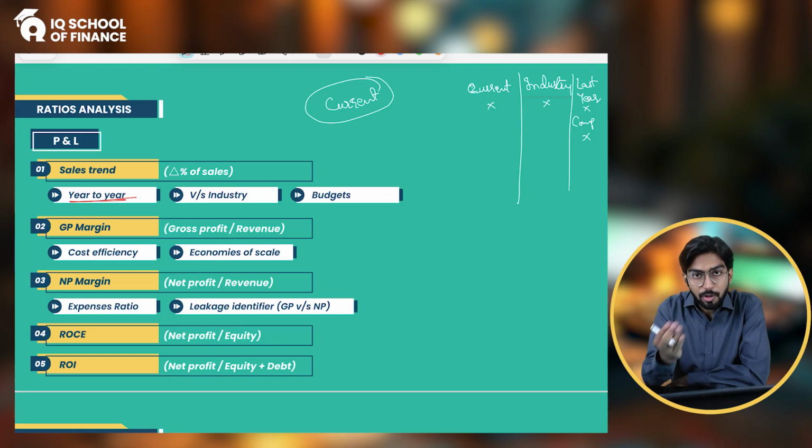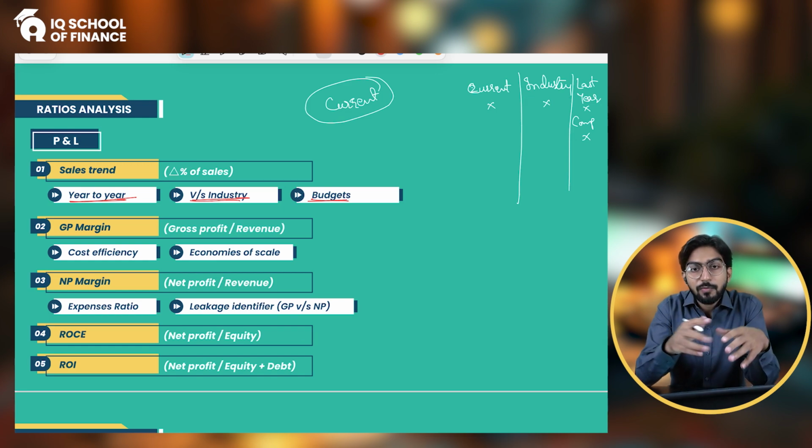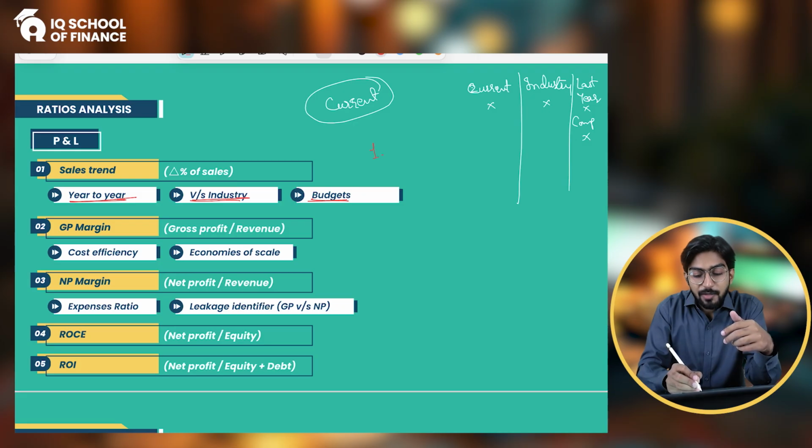That means your last year and this current year, maybe with the industry, or also with your budgets. If you budgeted that you will make sales of, let's say, 1.5 billion, and your last year sales was 1 billion, so you targeted that the sales will increase by 0.5 billion.